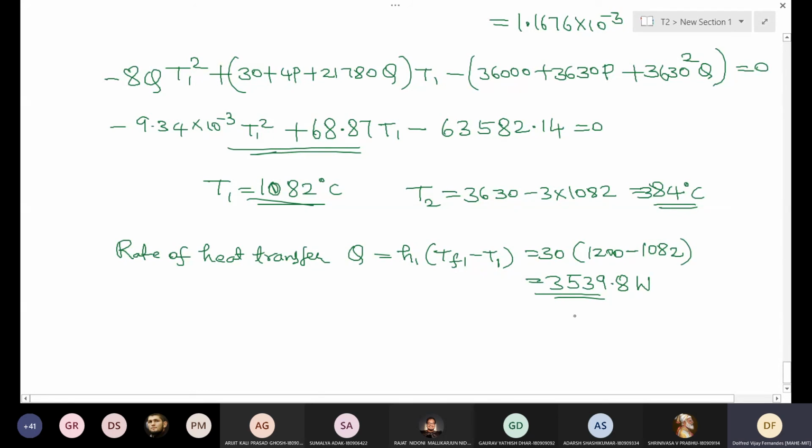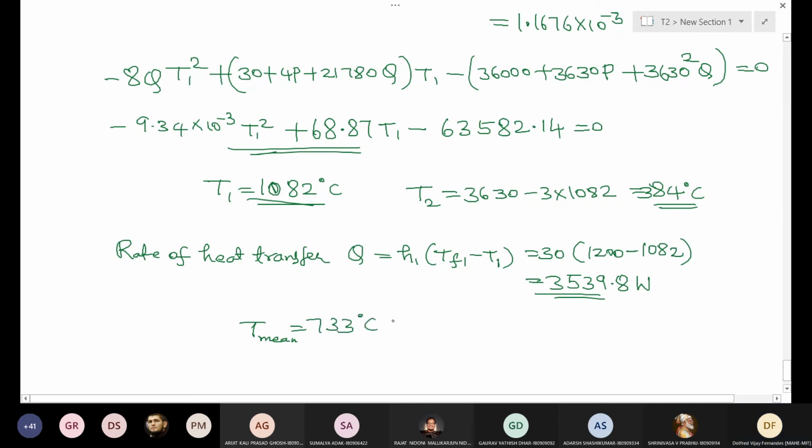One more thing is you have to do the cross verification. If you have made some mistake, you can do that cross verification because you have the other convection outside. You can estimate there also, or you can use the conduction formula. If you use conduction, then first calculate T mean: 1082 plus 384 divided by 2, so you'll get 733.